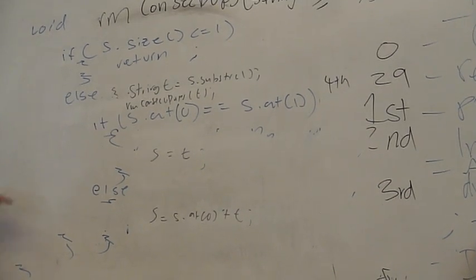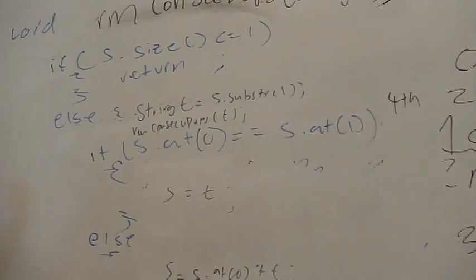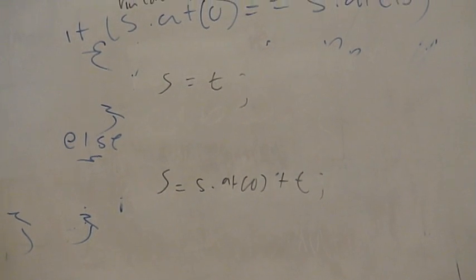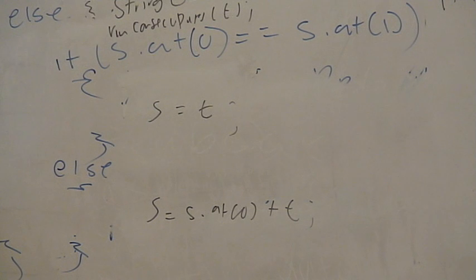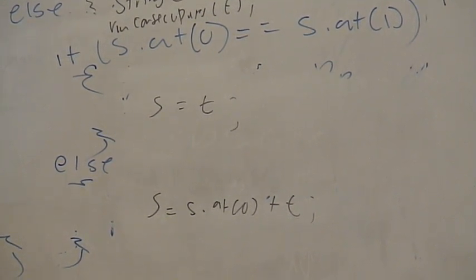So the only thing is that you have to manage this temp variable that gets created every time because you can't return anything, so it's a little messy. That's it. Any questions? So if we're not returning, that's what we have to do. That's the void version with the reference.